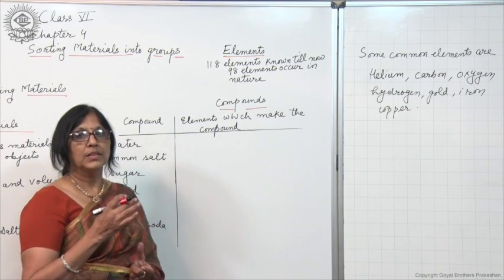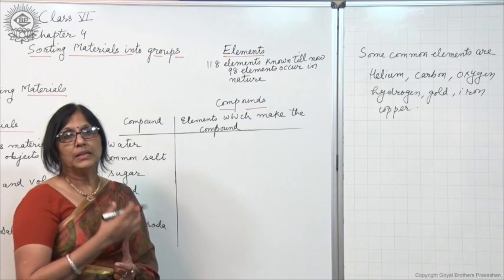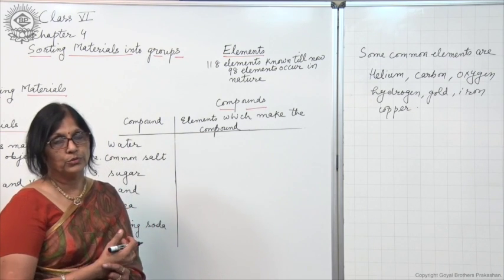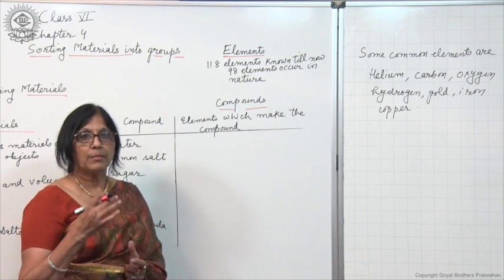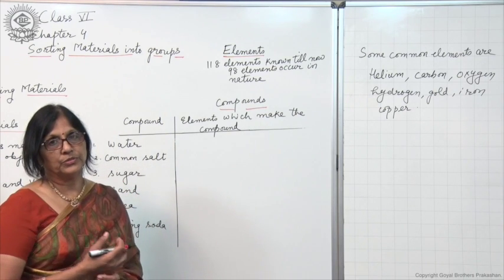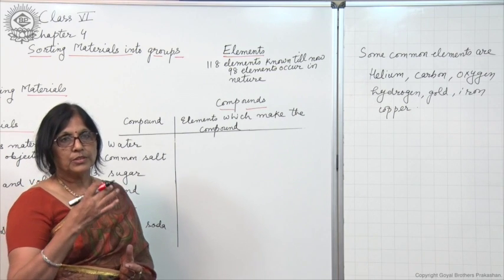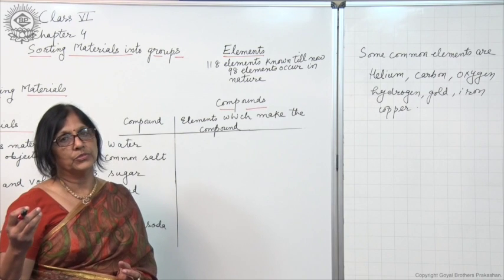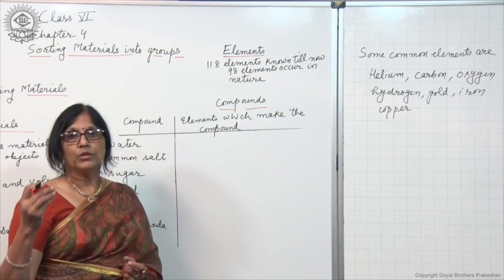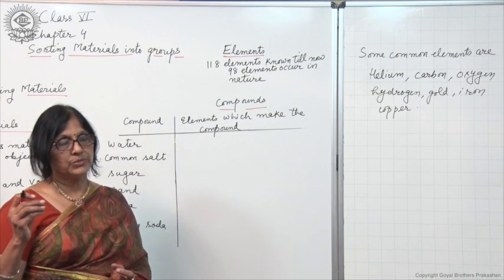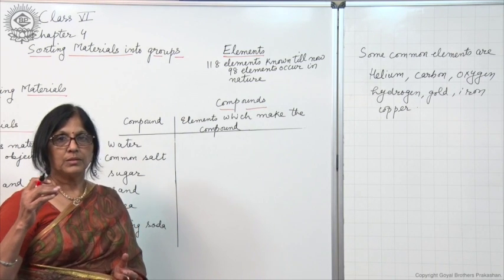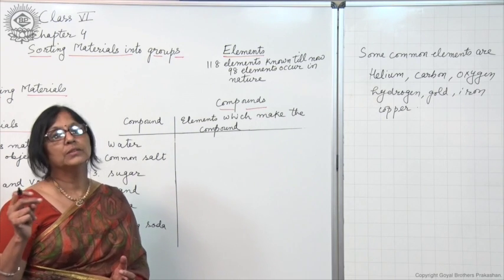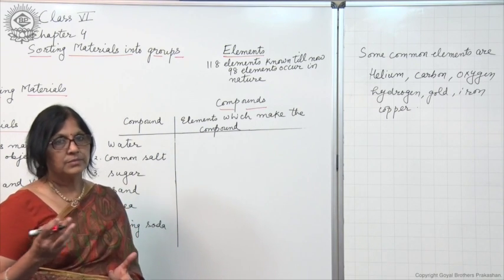In this case, oxygen, nitrogen, hydrogen occur as molecules, but the molecules are made up of the same type of atoms. Oxygen molecule is made up of two oxygen atoms. Hydrogen molecule is made up of two hydrogen atoms.